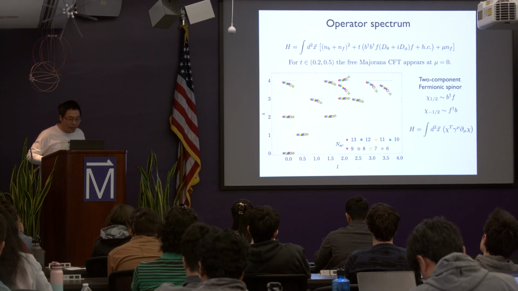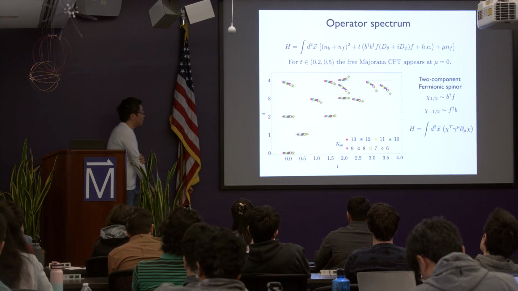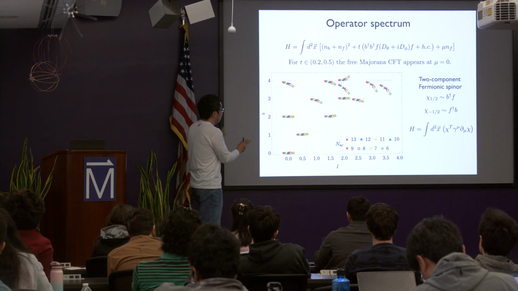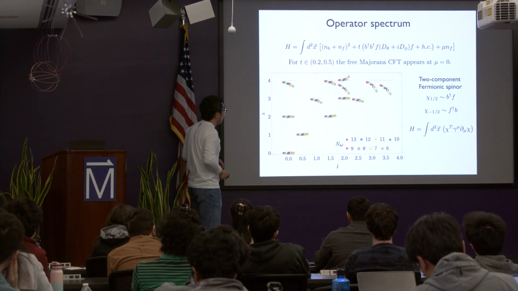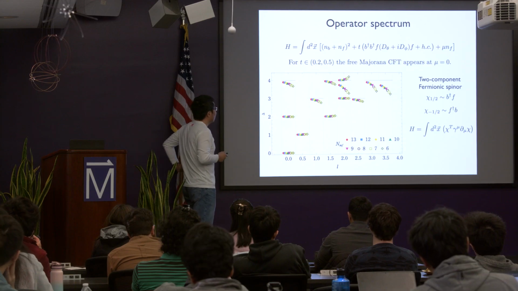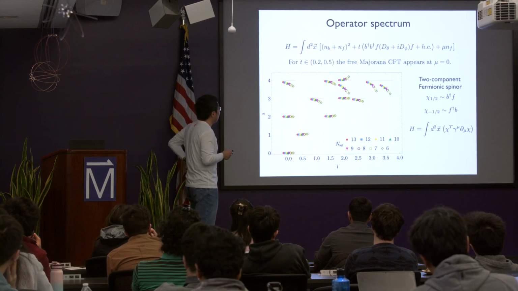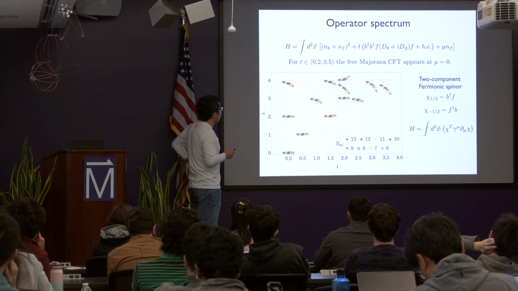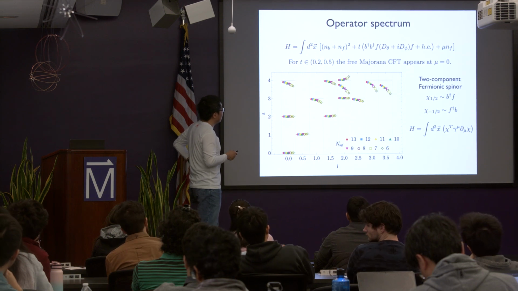So, now let's focus on this Majorana fermion CFT. We also studied the Ising star, but it's not as interesting as the fermionic CFT. Again, this is our Hamiltonian.